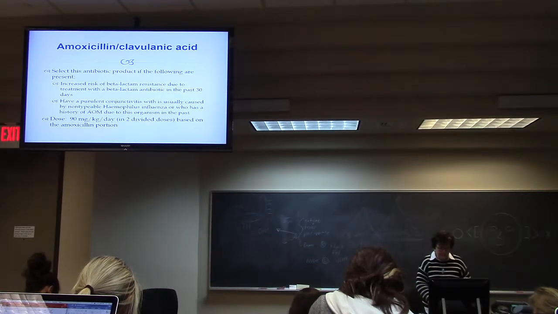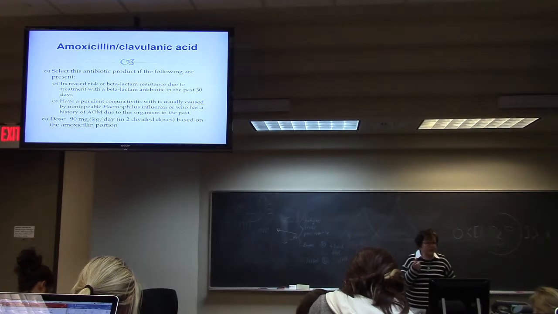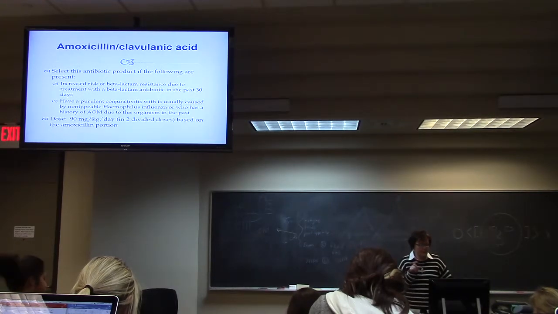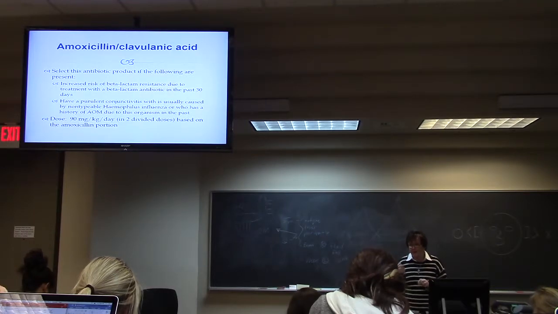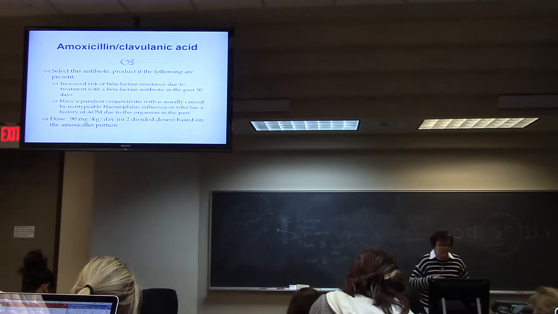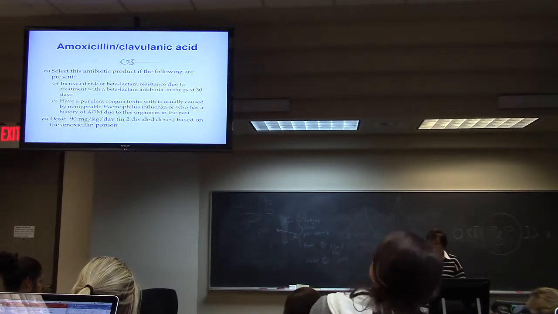So let's go back. We're going to use this combination when we suspect resistance. If they've had an antibiotic in the last 30 days, if they've got that purulent conjunctivitis and we're thinking that's H. flu that's causing the trouble or is involved, or they've had a history due to that organism in the past, then we're going to use this combo.